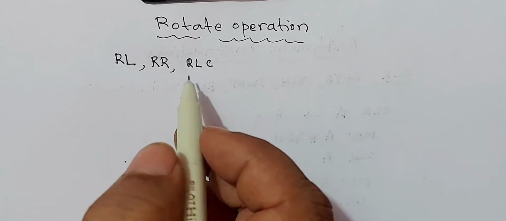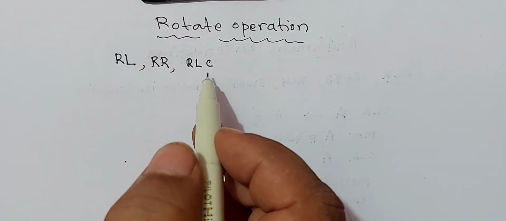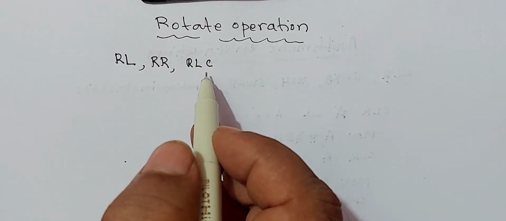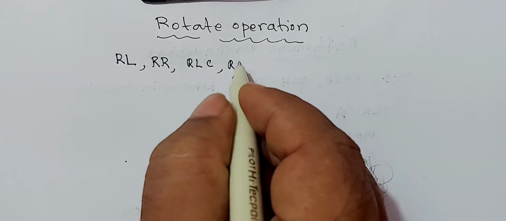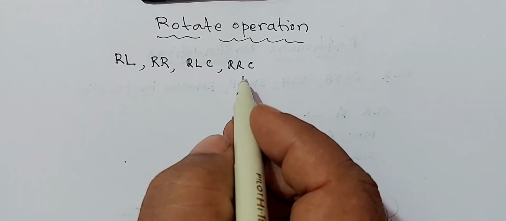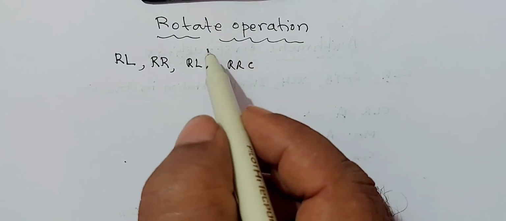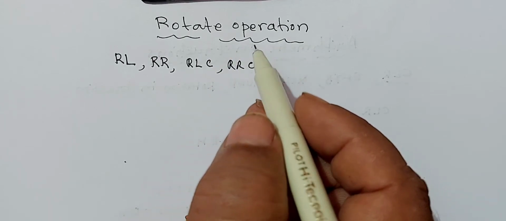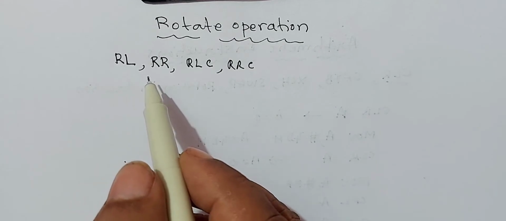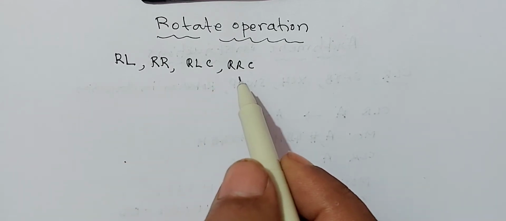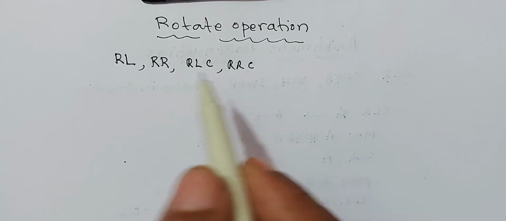Similarly, RLC rotates the content to the left with carry, and RRC rotates the content to the right with carry. Therefore, there are four types of rotate operations: two used to rotate without carry and two opcodes used for rotating with carry.